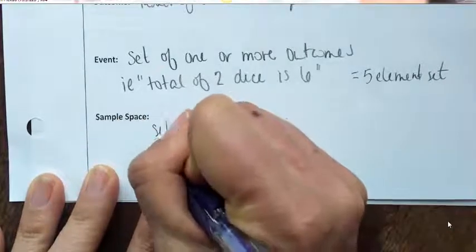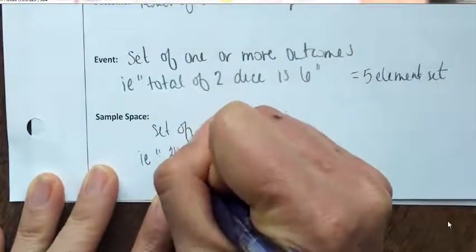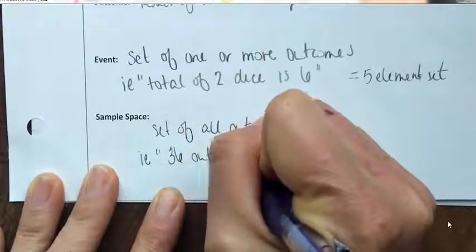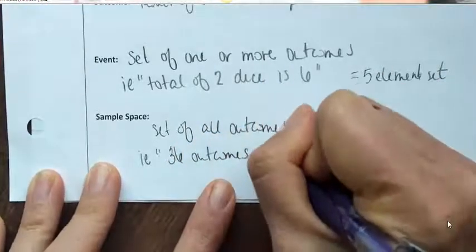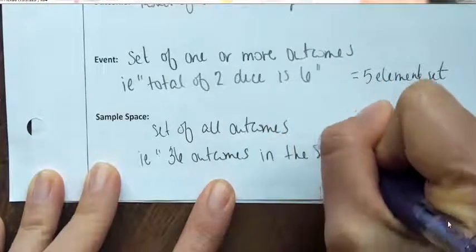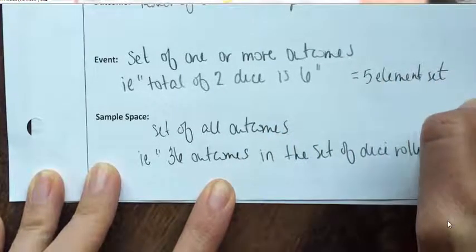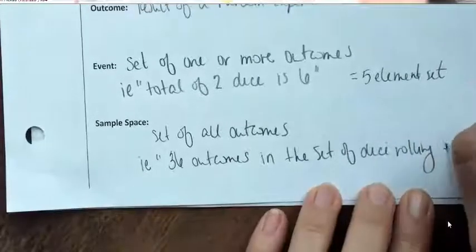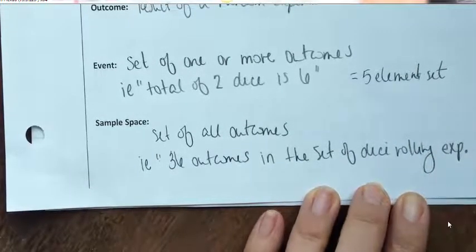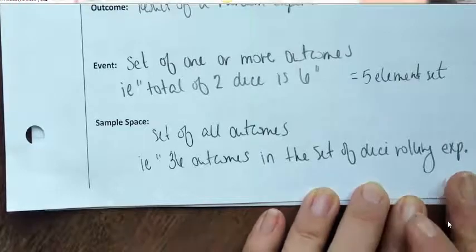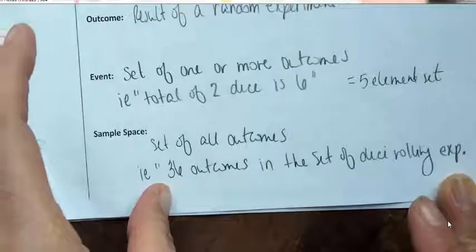So here we have 36 outcomes in the set of the dice rolling experiment. I'll abbreviate experiment. Okay, so that's just a little bit of vocabulary.